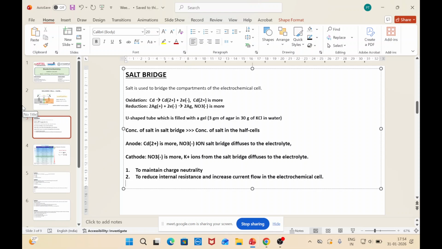Next, we move on to the concept of SHE, the standard hydrogen electrode. Here we use hydrogen as a standard, and based on that we measure the oxidation and reduction potential values for the other elements.